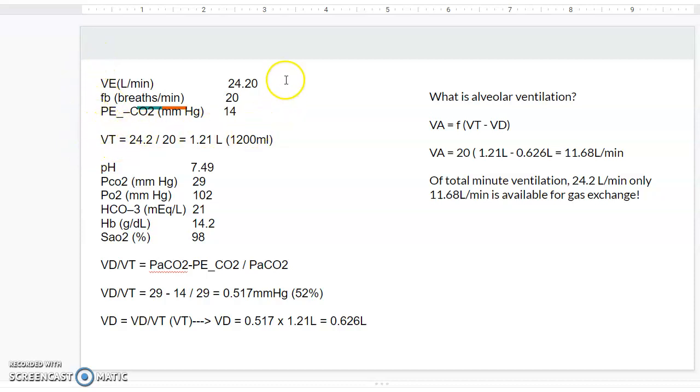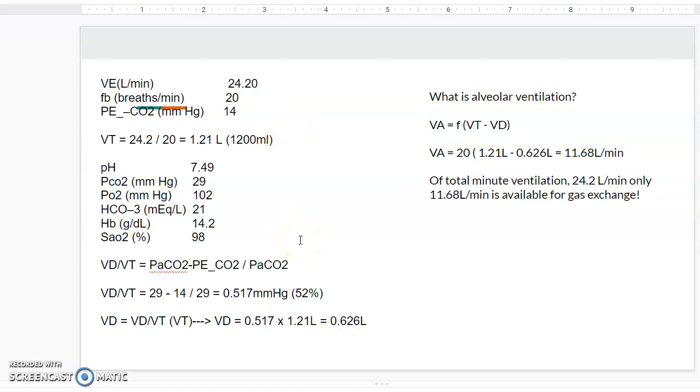So 24.2 liters per minute, our minute ventilation, divided by our respiratory rate of 20, and we end up with 1.21 liters. If you recall from our lung volume lesson a few weeks ago, normal tidal volume is usually more like 500. So this is nearly double a normal tidal volume. He's not only breathing fast, he's also breathing very deep.